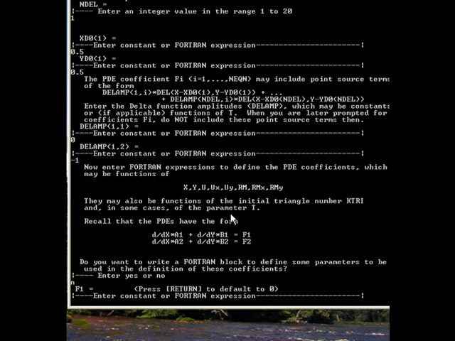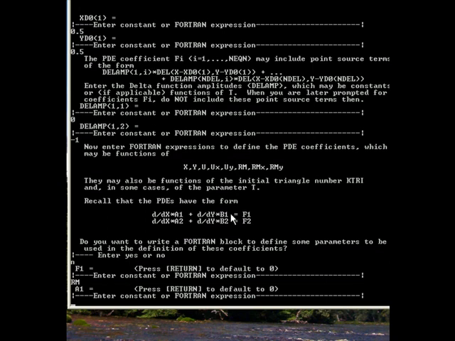If it was collocation, it would be a lot easier. I'd just say uxx plus uyy minus rm equals 0, but we have to write it in divergence form, but it's not a big deal. So F1 will be m, or we have to call it rm, and A1 will be ux.